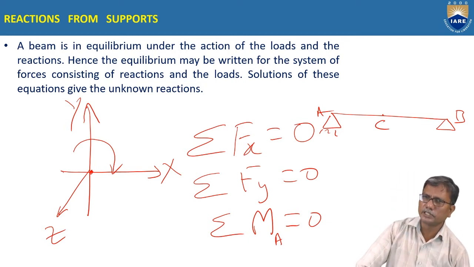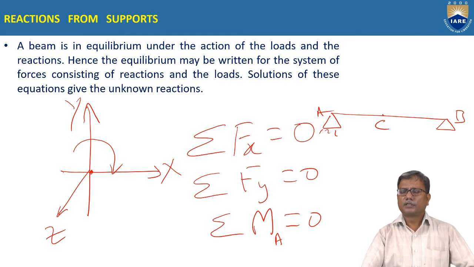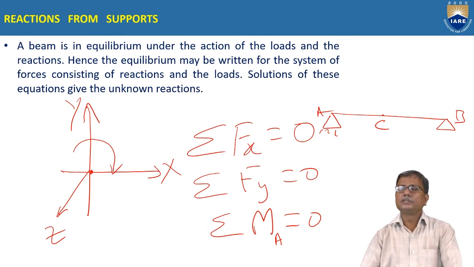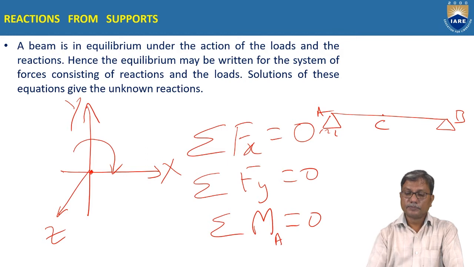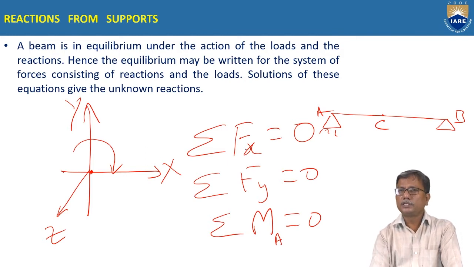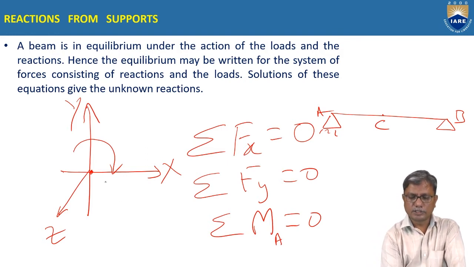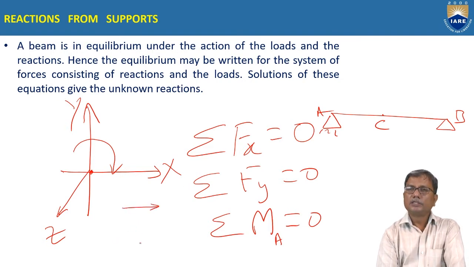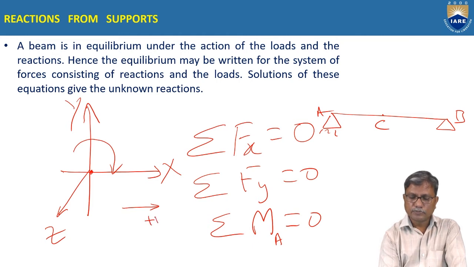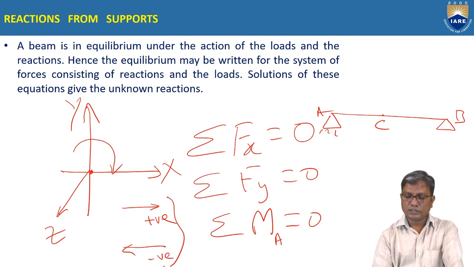It is an algebraic sum, which means taking the direction into consideration. For example, in sigma Fx = 0, the forces along the x direction: if we take rightward forces positive, then we take leftward forces negative. That is called the algebraic sum, taking direction into consideration.